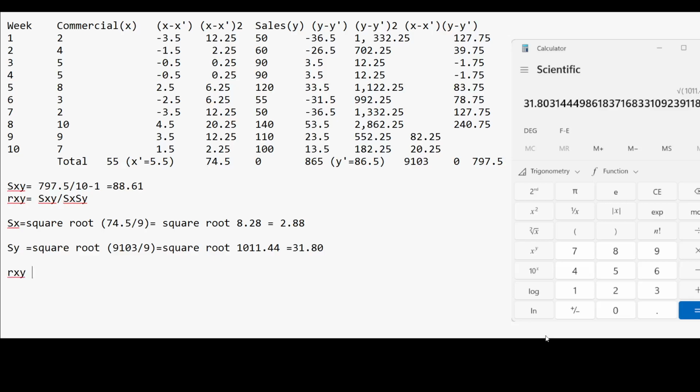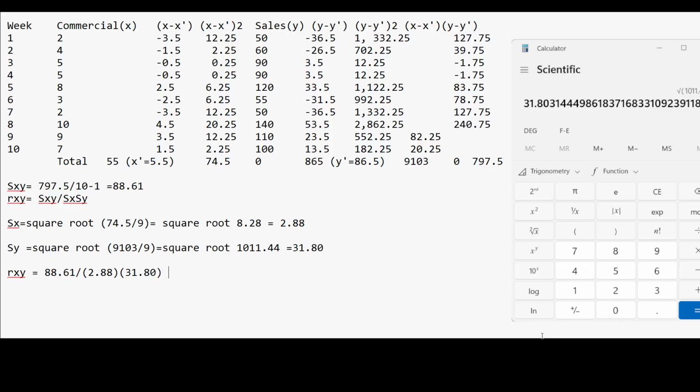After this, you substitute. rxy is equal to 88.61 divided by 2.88 times 31.80.